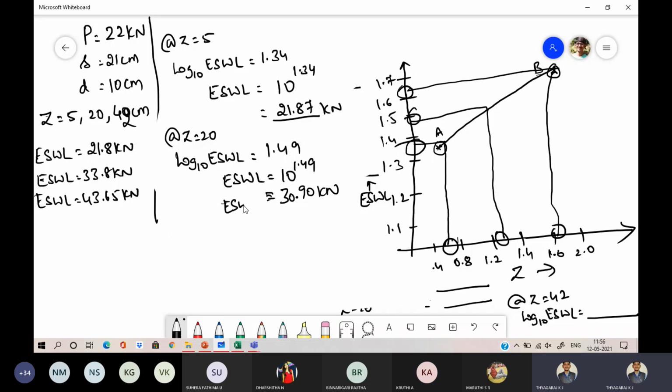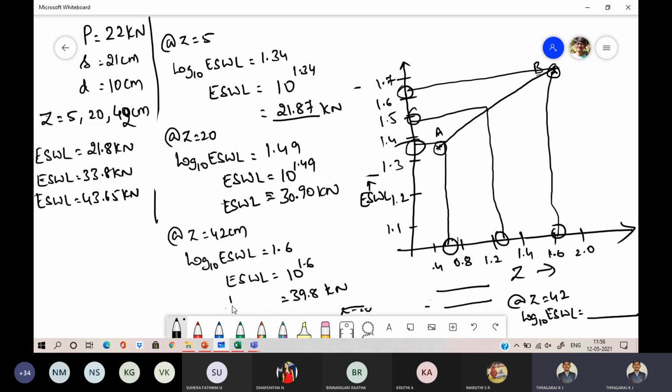Okay, ESWL at 20 centimeter. Then at Z is equal to 42 centimeter, 1.6, sir. So ESWL is equal to 10 power 1.6. Calculate the value: 39.8 kilonewton. Okay, this will be the ESWL value.